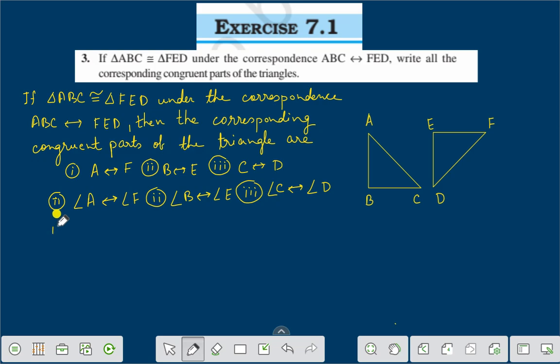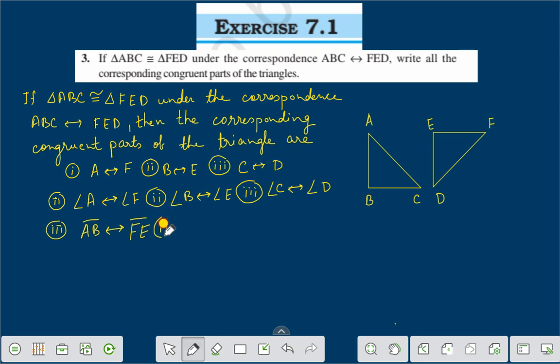Now, side AB corresponds to side AP, right?